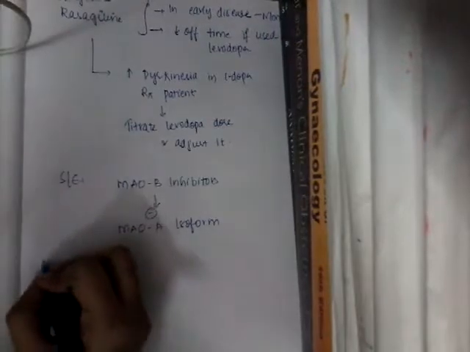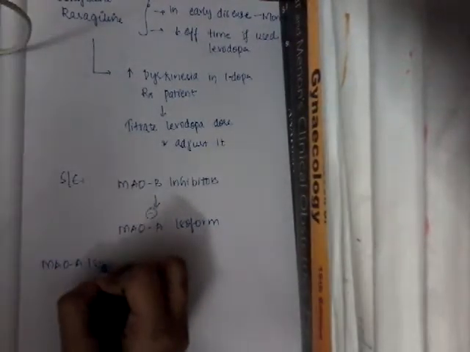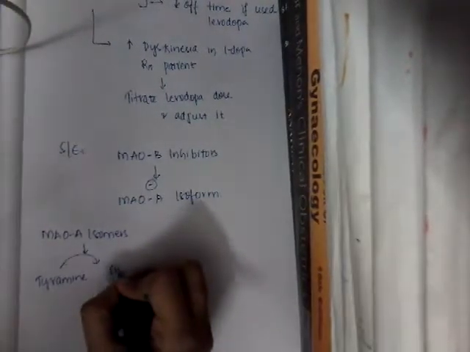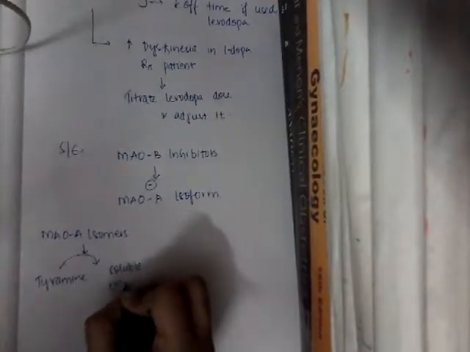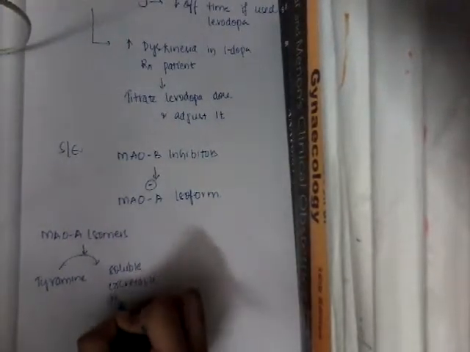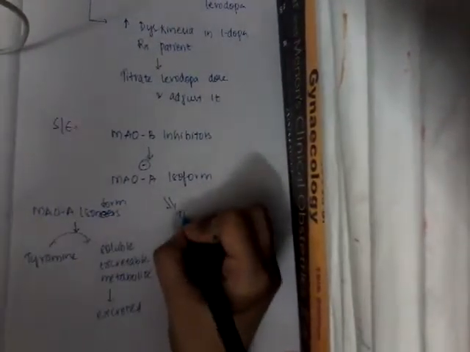Normally, monoamine oxidase A converts tyramine in the gut to a soluble, excretable metabolite, so this is excreted. But whenever this monoamine oxidase A isoform is inhibited, then there is tyramine in the gut.